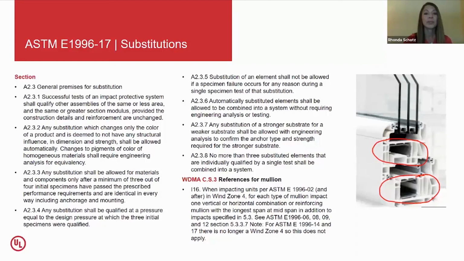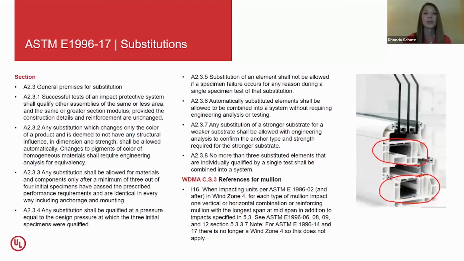Example, when submitting impact units for testing, Unit 1 can be used for air-water structural testing, as well as the 4th backup unit for impact testing and cycling, along with the 3 identical specimens for impact and cycling.